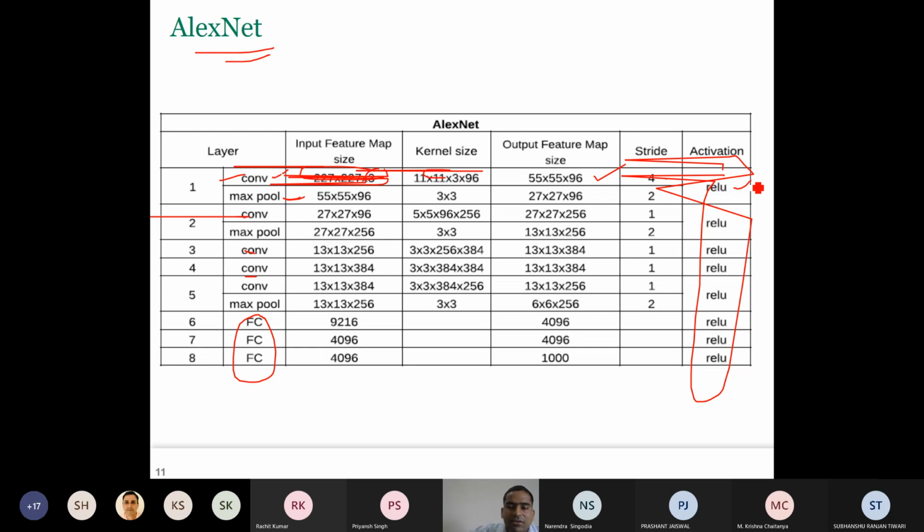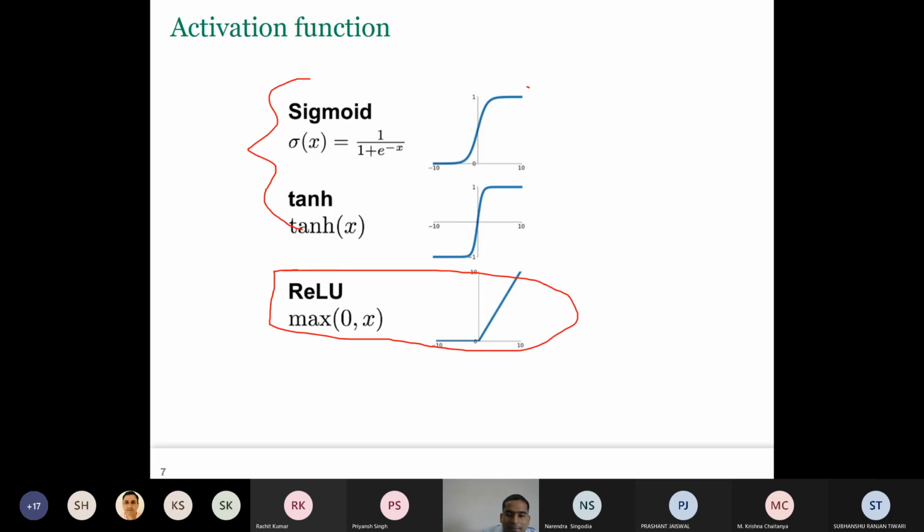And activation functions are doing something very useful. They are suppressing unnecessary firing of the neurons. That's why you have activation functions. For example, ReLU completely makes the negative values 0.